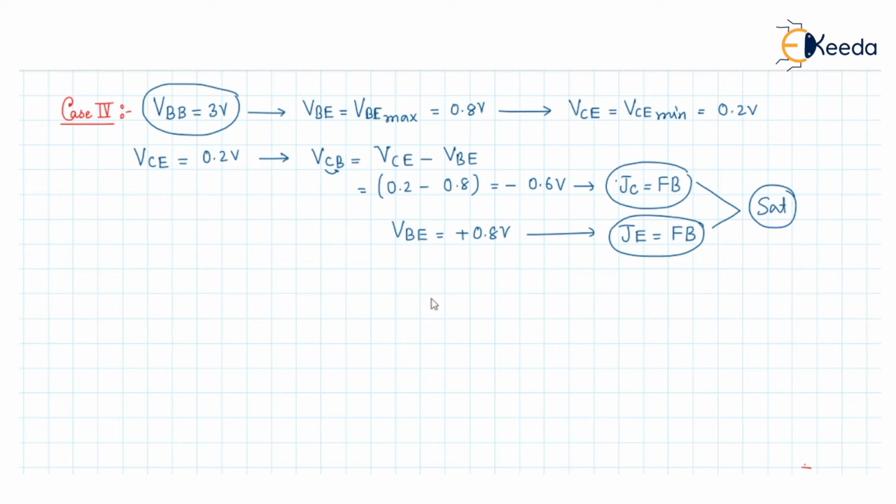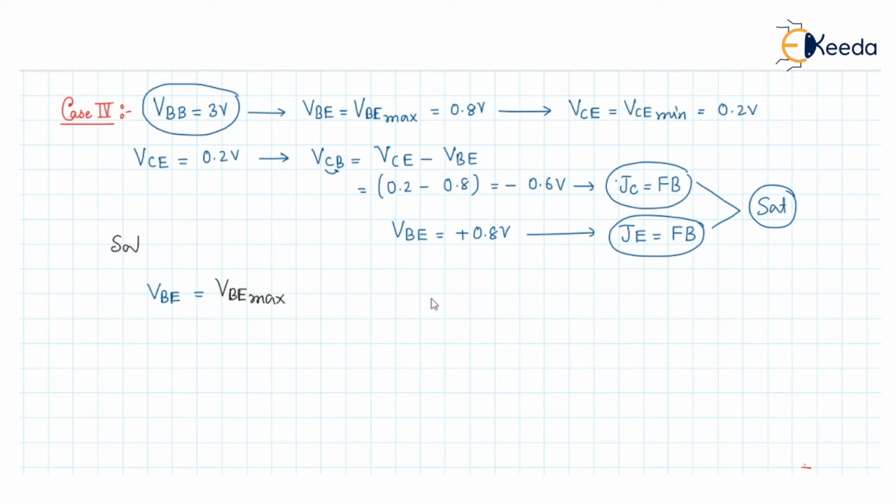So the transistor is now in the saturation region, and in the saturation region we can see that the VBE value will be the maximum value of the base to emitter voltage.